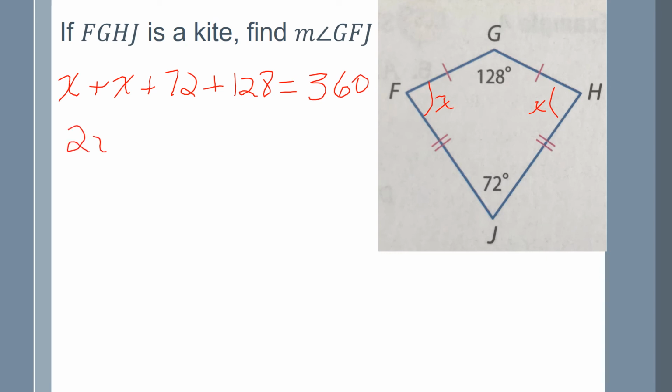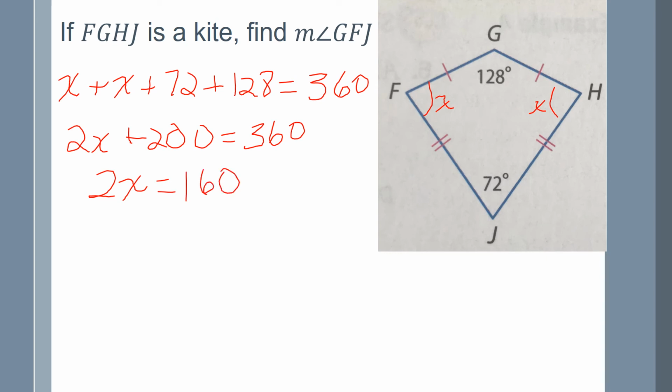So I'd end up with 2x plus 200 equals 360. Subtract 200 from each side, 2x equals 160. So x is equal to 80.